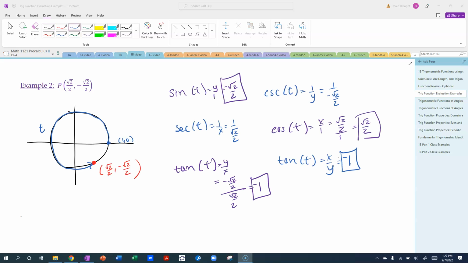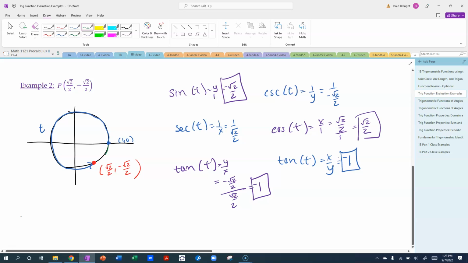And here's my solution so far. Okay, so notice I didn't box the answers for secant and cosecant yet, and I want to explain a little bit more about those. But notice I have a diagram drawn. Our point ends up being in quadrant 4, so I'm just saying that t is going counterclockwise from (1, 0) to that point.